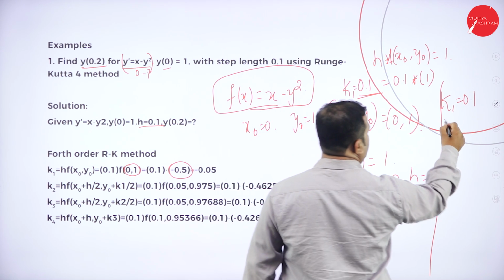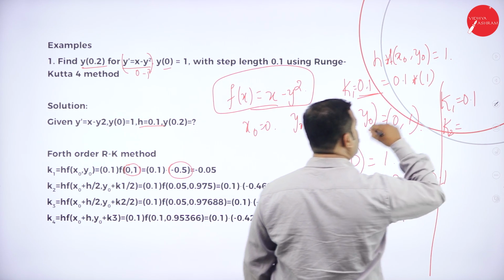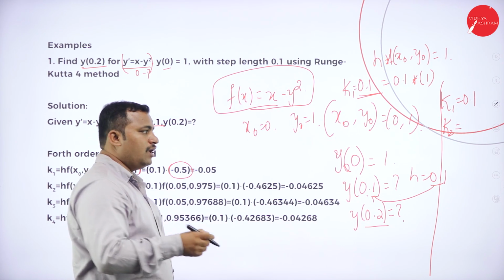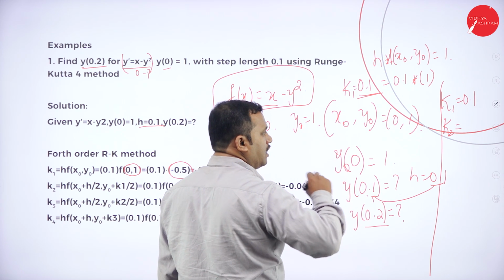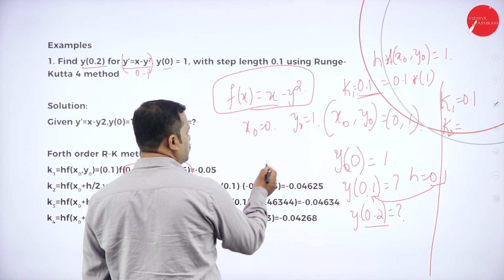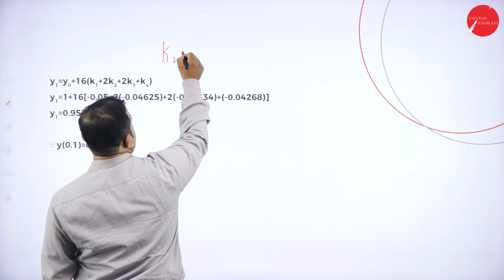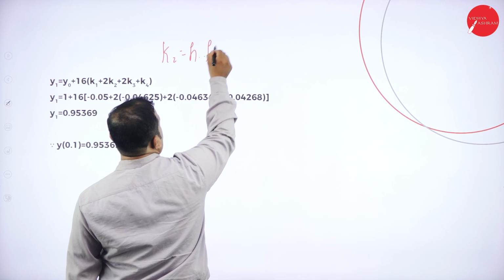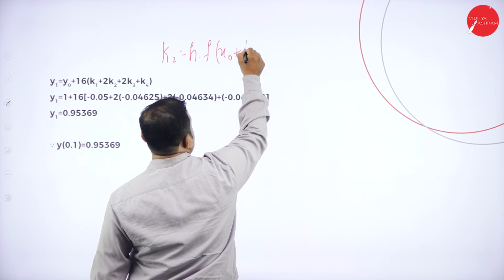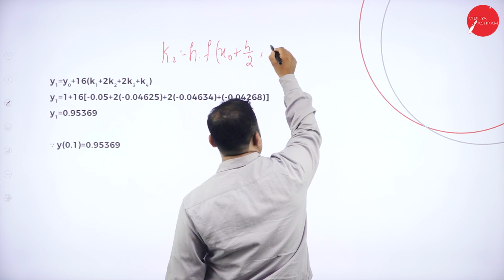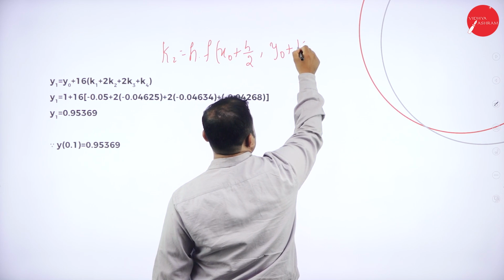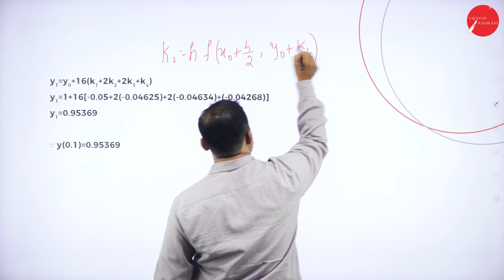Then let me find the value of k2. K2 is equal to h into f of x0 plus h by 2, y0 plus k1 by 2. This is the formula.